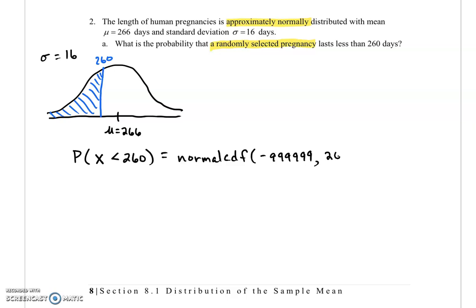Upper boundary is 260. The mean is 266. And the standard deviation is 16. And that gives us, when we put it in the calculator, a probability of 0.3538.